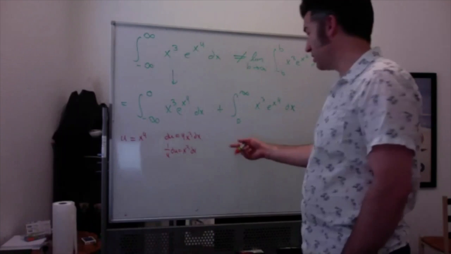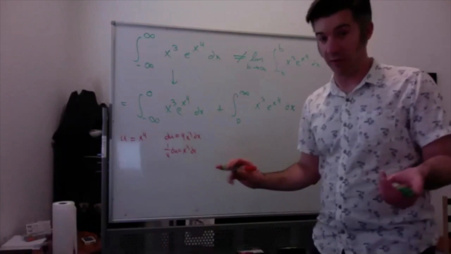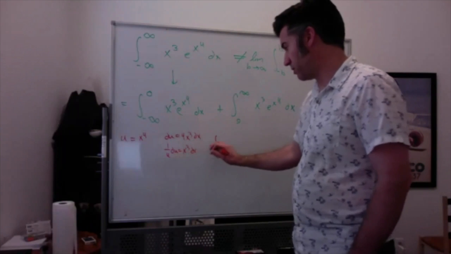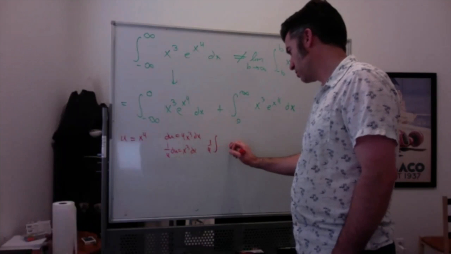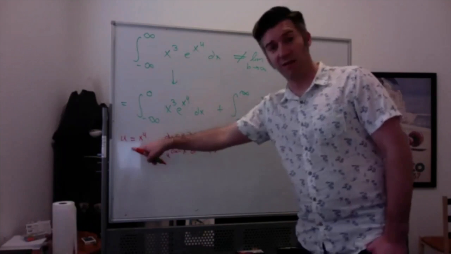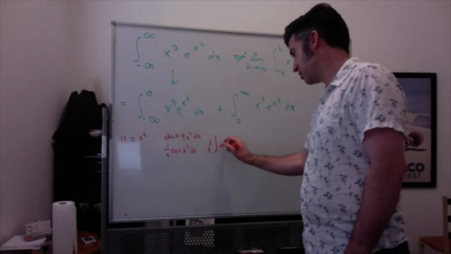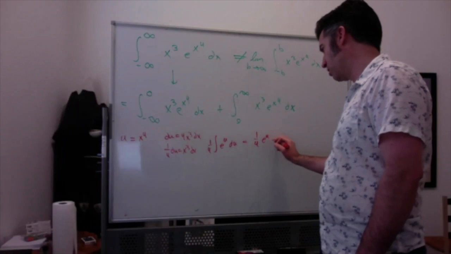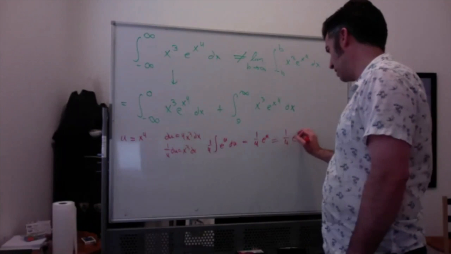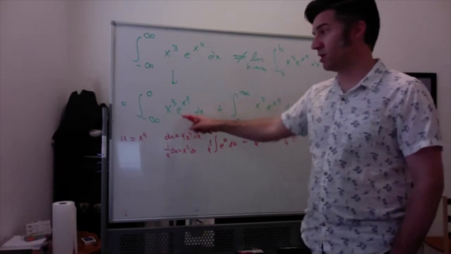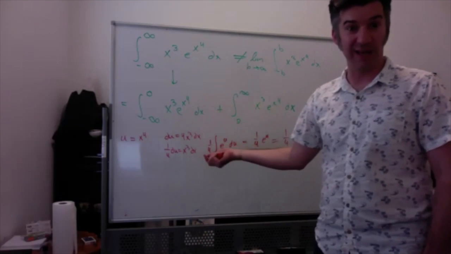And I can rewrite my integral just like the indefinite integral. X cubed dx becomes my 1/4 du, and e to the x to the fourth becomes my e to the u. So this ends up just being 1/4 e to the u, which is 1/4 e to the x to the fourth. So the antiderivative of x cubed e to the x to the fourth is 1/4 e to the x to the fourth.